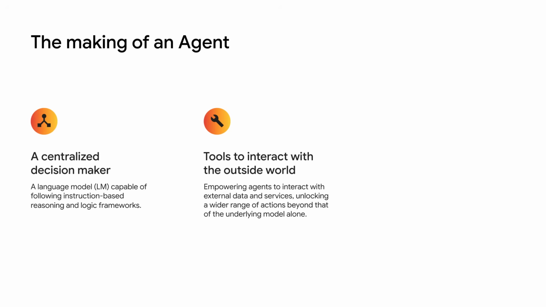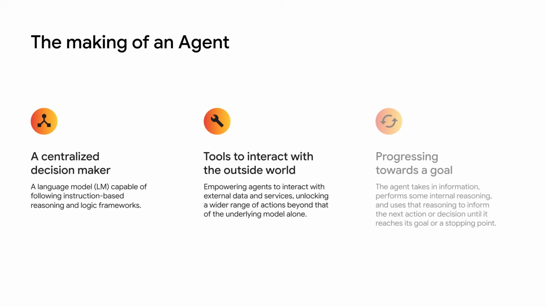Keep in mind, the phrases tool and function calling are often used interchangeably and represent the same concept. Finally, it also processes information, makes decisions, and continues to iterate until its goal is reached or a stopping point criteria is met.